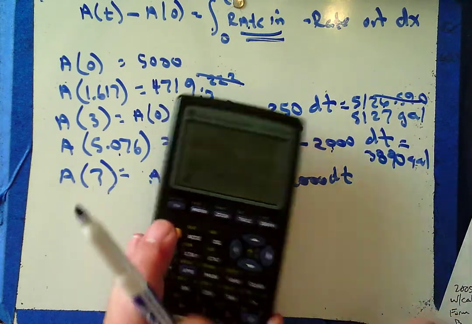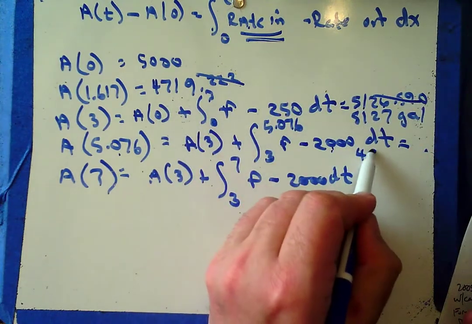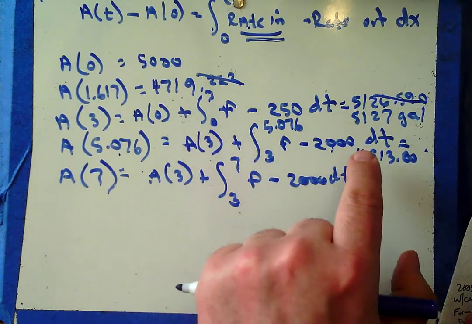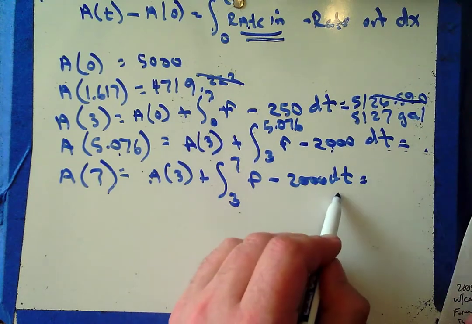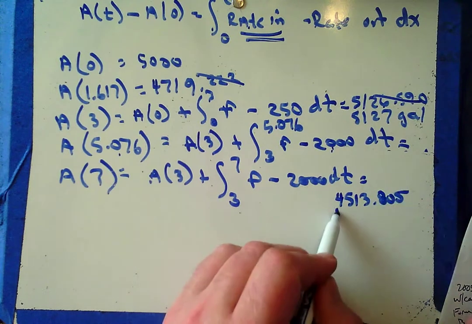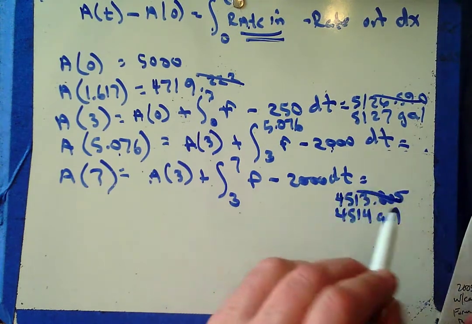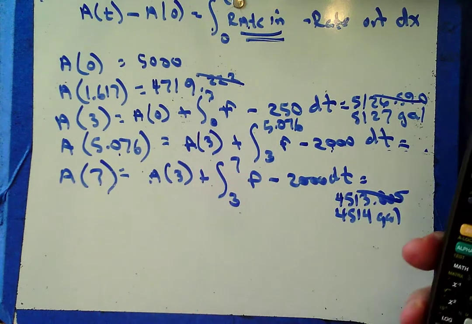Okay, so our new amount here is 4513.8. Oh, no, that's 7. Goodness me, going too fast, people. 4513.805 is 4514 gallons. Okay, and then what about at time equal to 5.076?